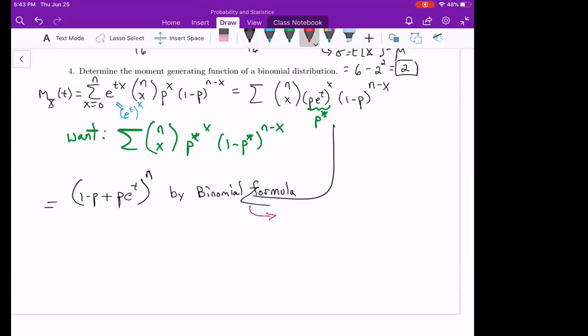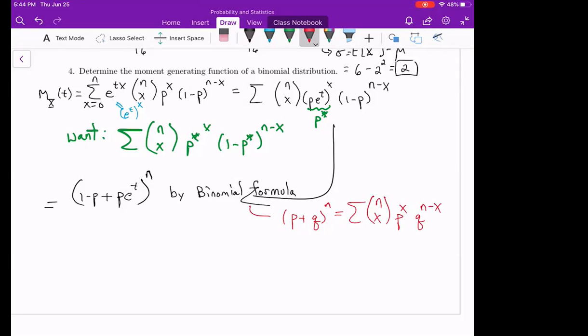That is, p plus q to the nth power is the sum of n choose x, p to the x, q to the n minus x. So here's the relationship that we're making use of.